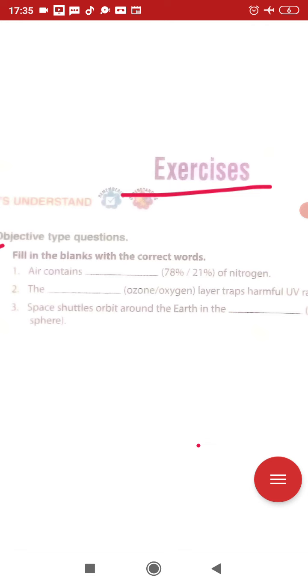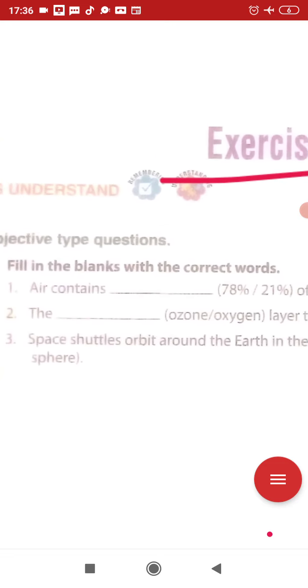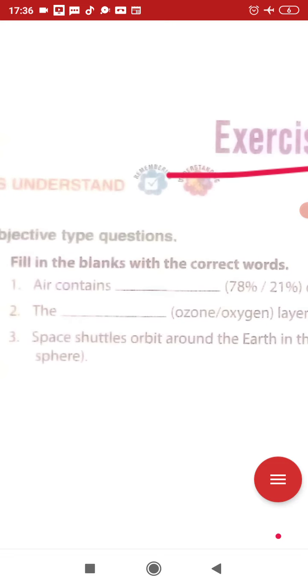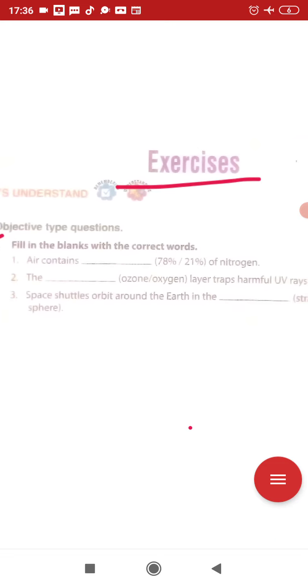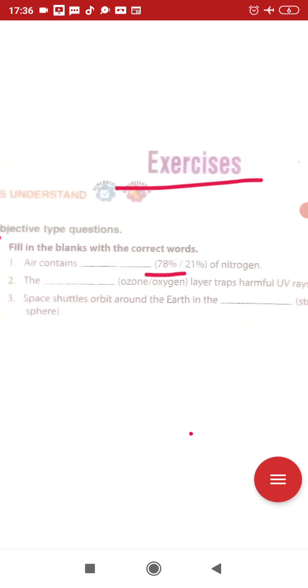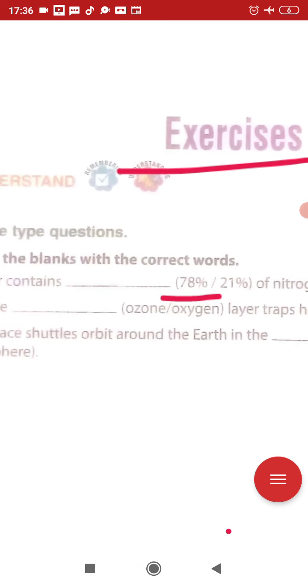Air contains the highest amount of nitrogen. About 78% of air is nitrogen. So here your answer is 78%. 78% is nitrogen.